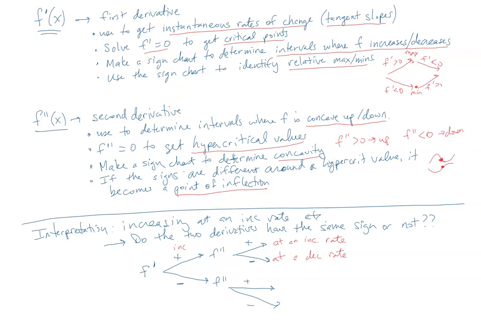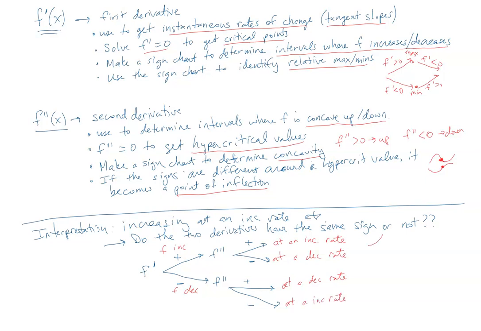And if the first derivative is negative, then we would start off by saying, oh, f is decreasing. And then if we go to a positive second derivative, opposite signs, that would be decreasing at a decreasing rate, and then decreasing at an increasing rate when we go back to having the same signs.